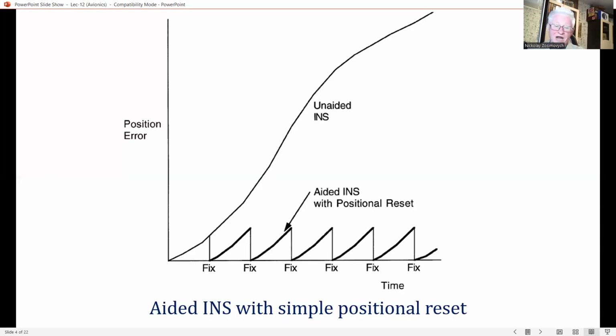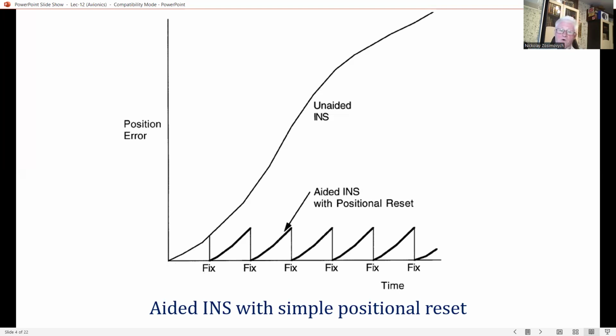So, a variety of navigational aids can be used for this purpose. For example, today very widely used GPS. Consider, firstly, a simple position reset at each position fix as shown in this slide.